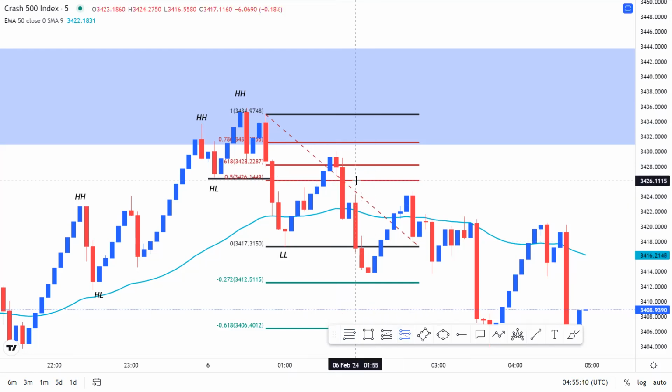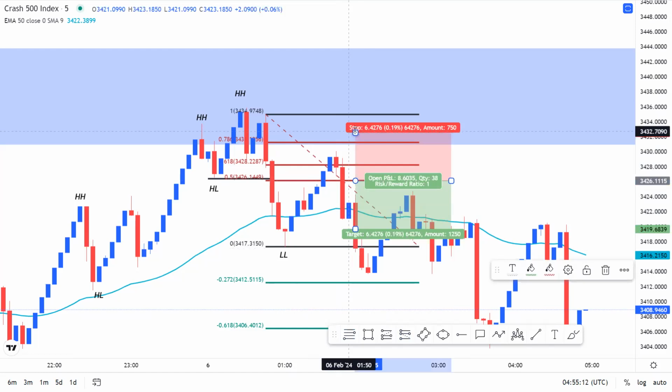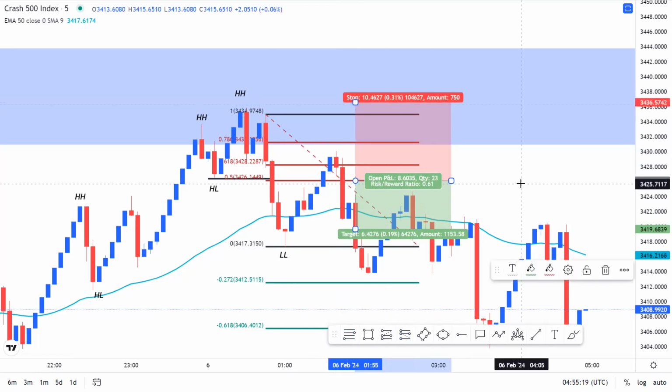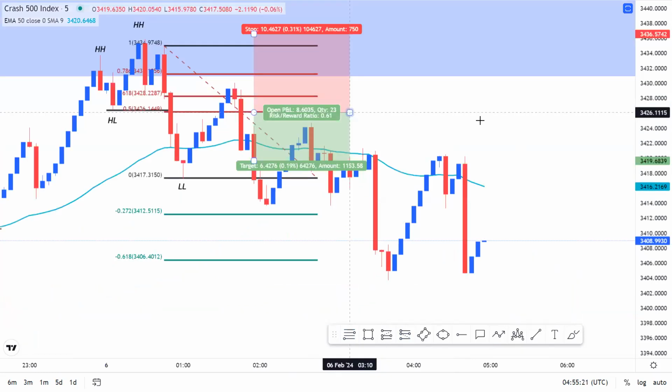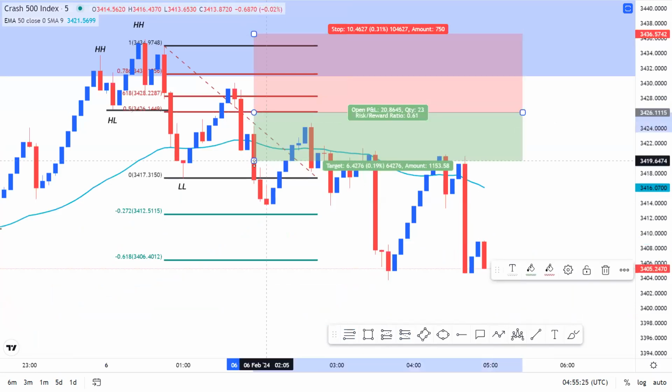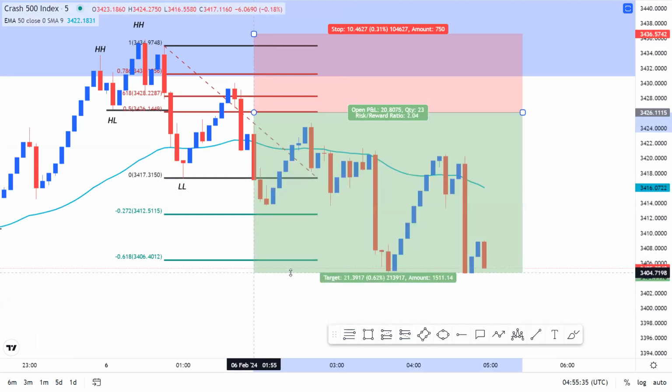from the 50 and have my stop losses just above the highs right about here. And also, I'm currently looking to target a 1 to 3 risk to reward on this. Now you can see if you had your targets set for 1 to 2, this would have had your TP smashed already.